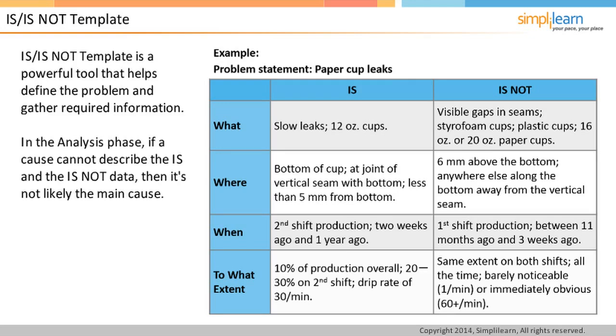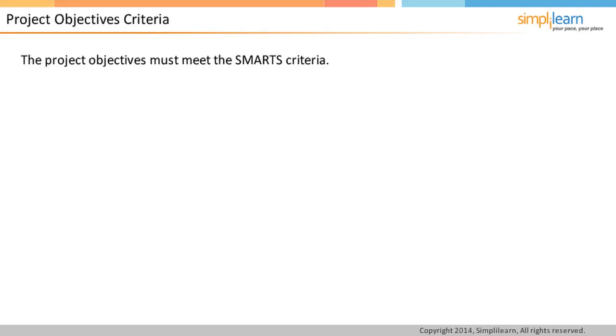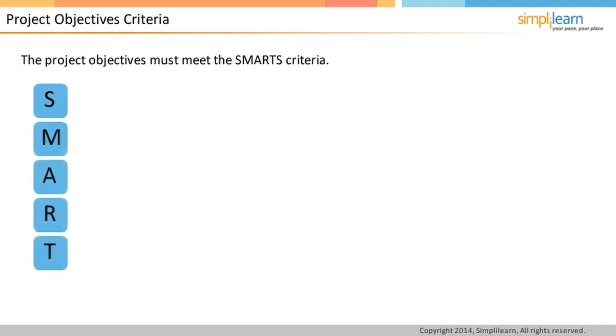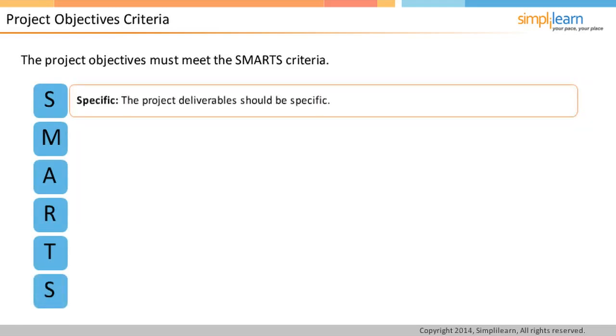The project objectives must meet the SMARTS criteria. SMARTS is an acronym of the characteristics desired in project objectives: specific, measurable, attainable, relevant, time-based, and stretch. The project deliverables should be specific. Example: hospitals maintain records of all patients.